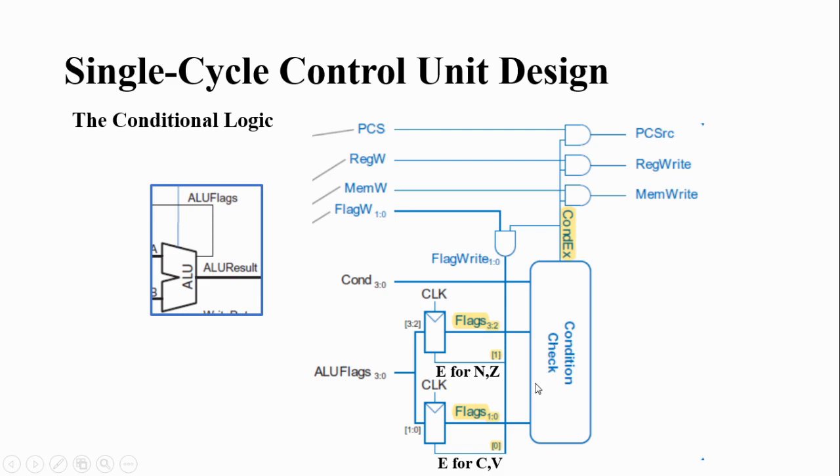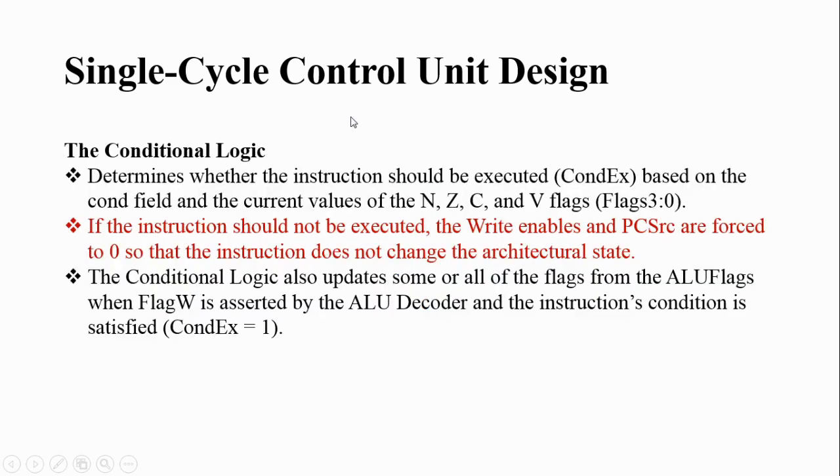Based on the condition field, it decides whether the instruction has to be executed. If the condition is true, this CondEx will be made 1, so the instruction will be executed, based on the condition field and these flags. If the instruction should not be executed, the write enables and the PC source will be made 0.